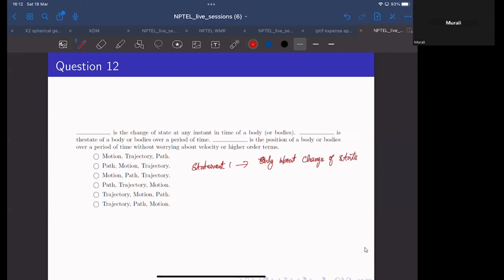And what about the second statement? It says something is the state of a body or bodies over a period of time.